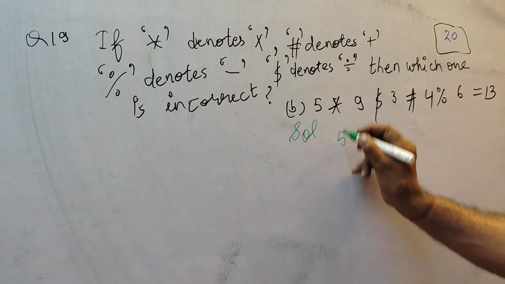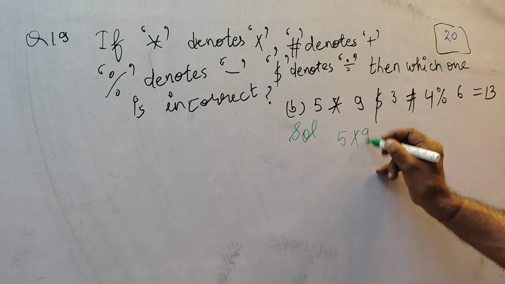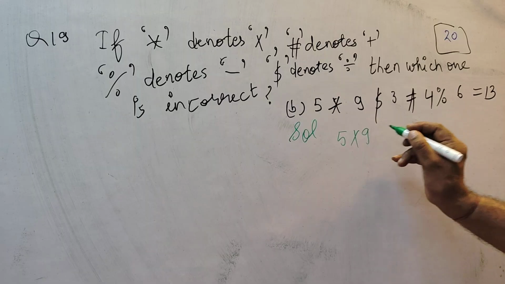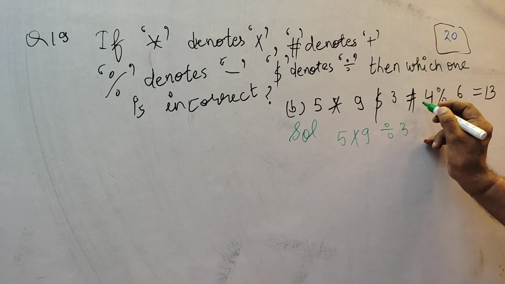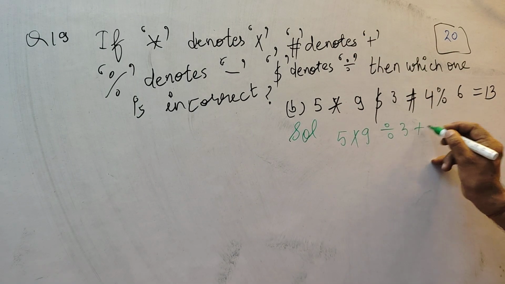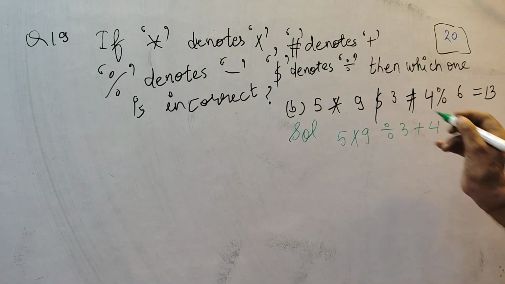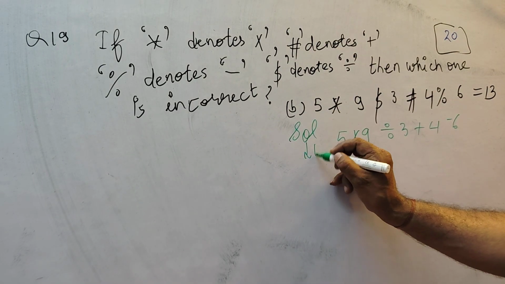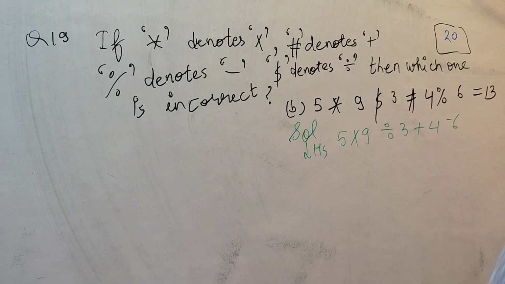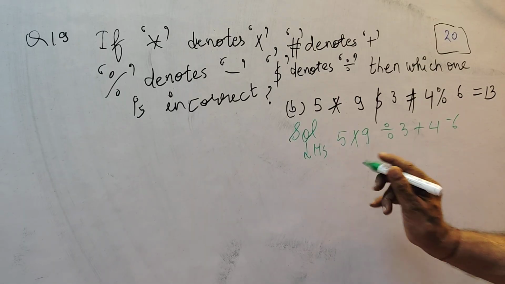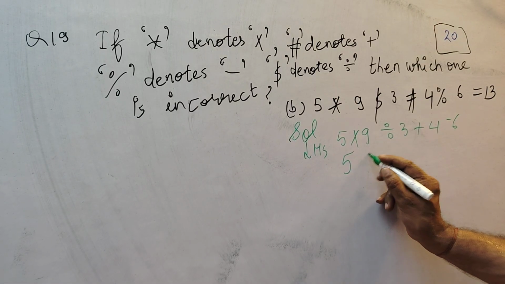Asterisk replaced with multiply, dollar with divide, hash with plus, percentage with minus. This is our left hand side. Now divide first. 9 divide 3 gives us 3.